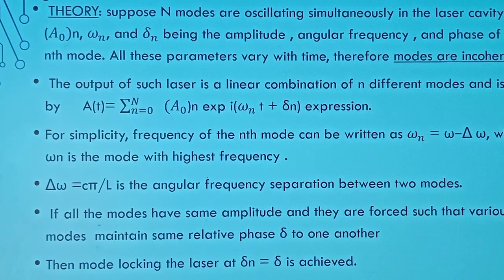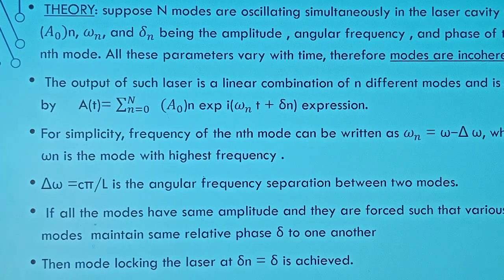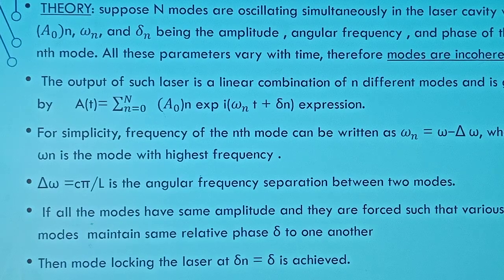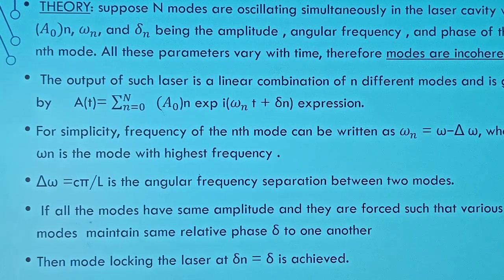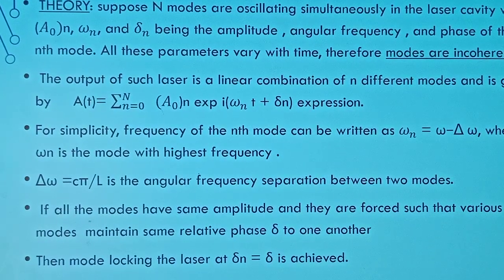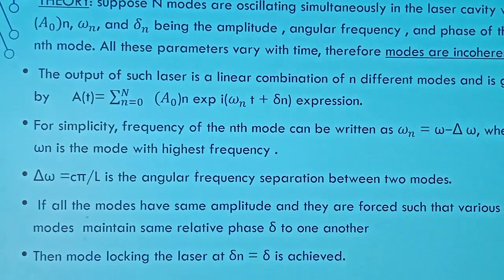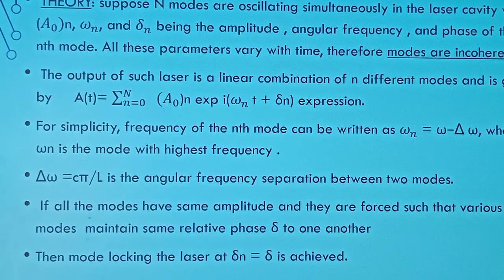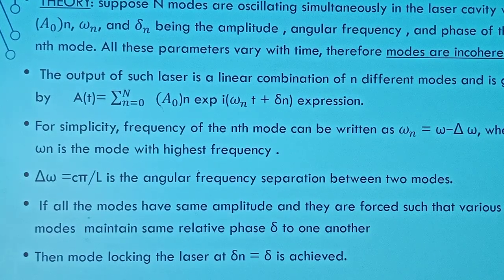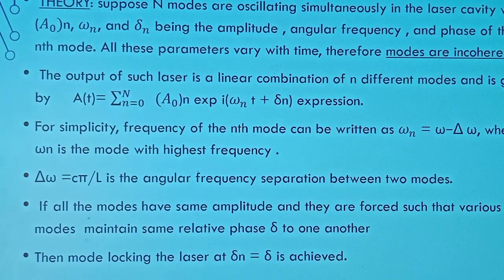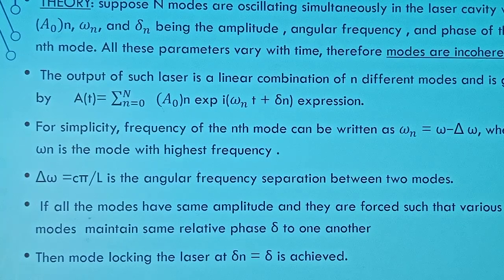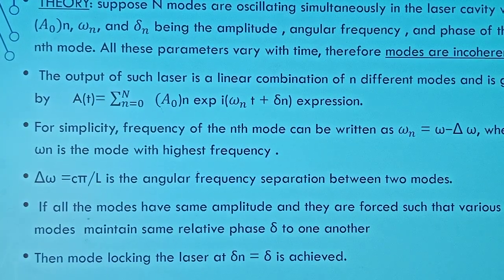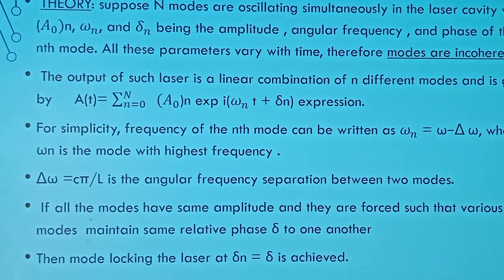See, we consider amplitude A naught of n modes, and then the frequency omega n and the phase delta n. When all these modes are in the same resonance cavity, the resultant is that they all combine linearly to give one resultant pulse, which is the mode locked pulse, which we need.